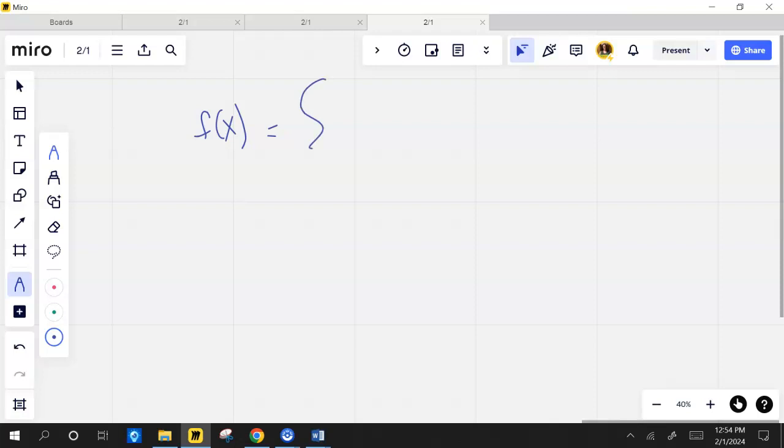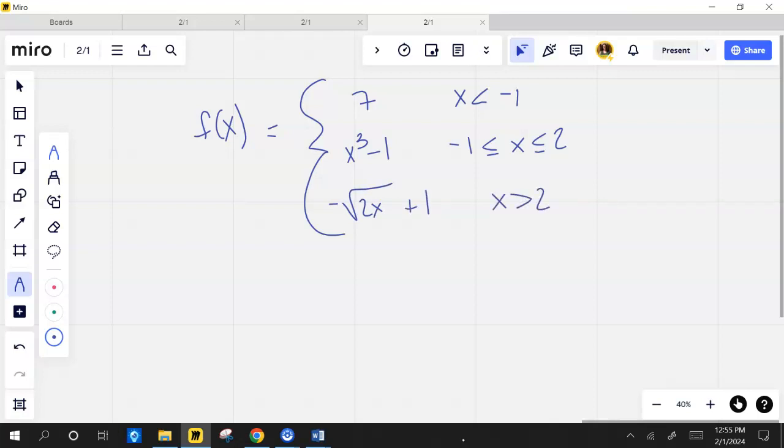Let's do this one. All right, let's graph this one.